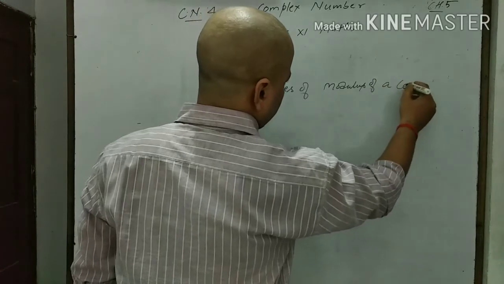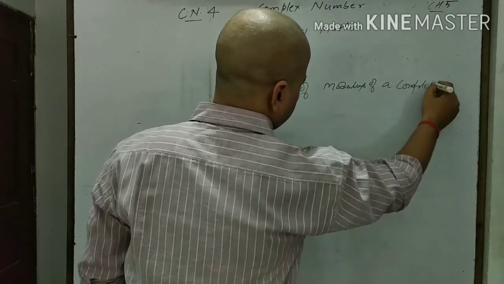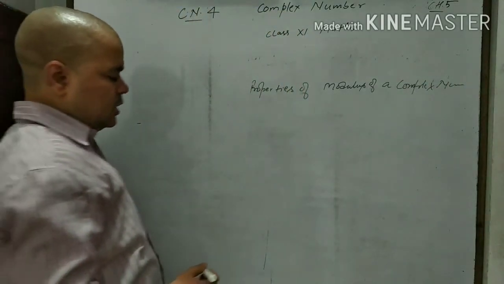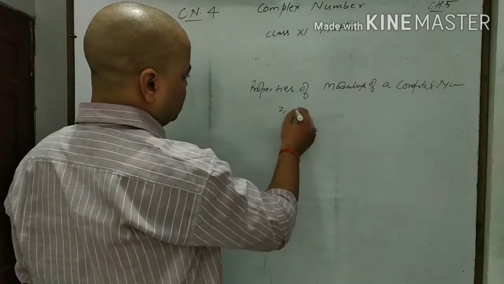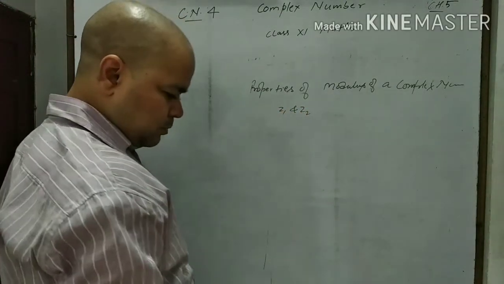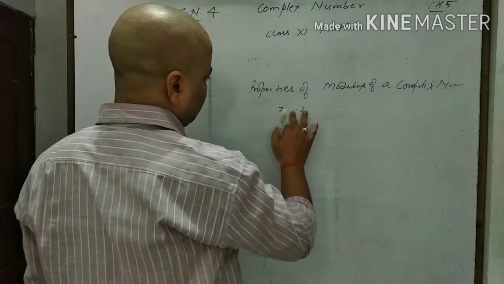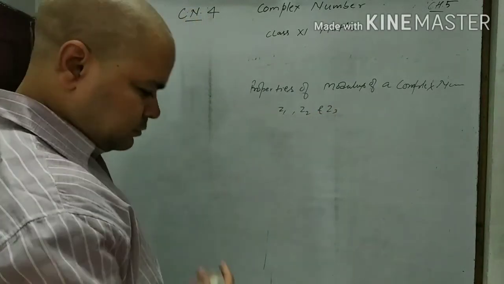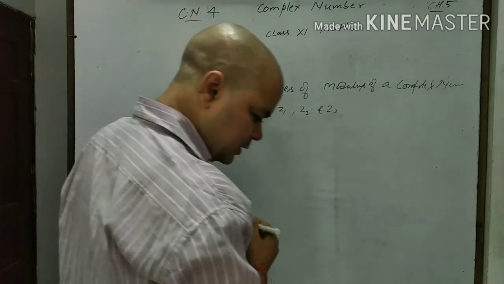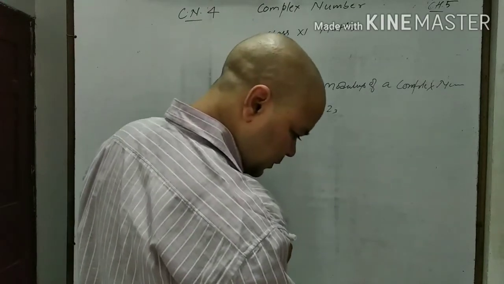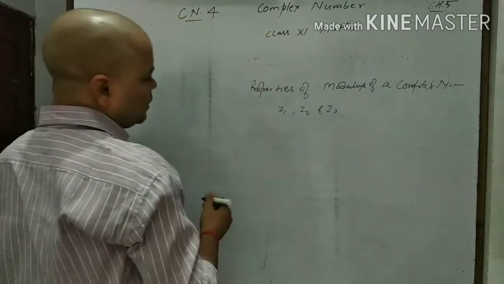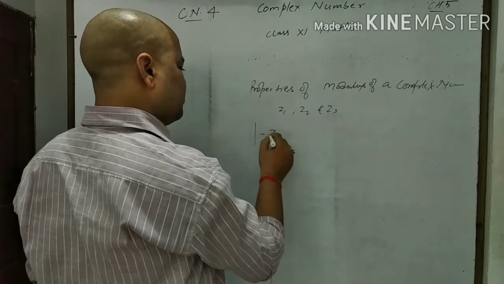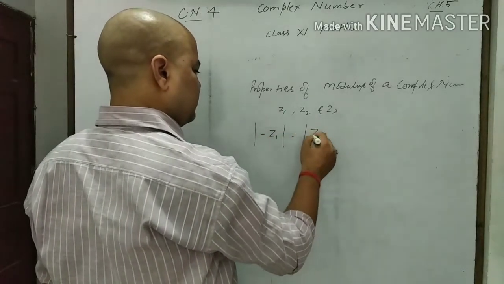The first property is, if z1, z2 and z3 are three complex numbers, then we can say that the modulus of minus z1 is equal to the modulus of z1.